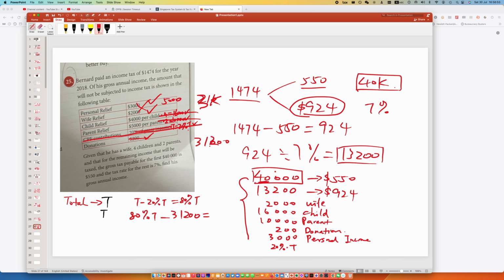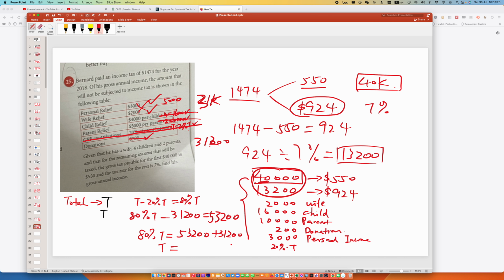Will be equal to this. 53200. Yeah. Yes. Make sense? Yes. Then you just, 80% T is 53200 plus the 31200. Then you get your T lah.